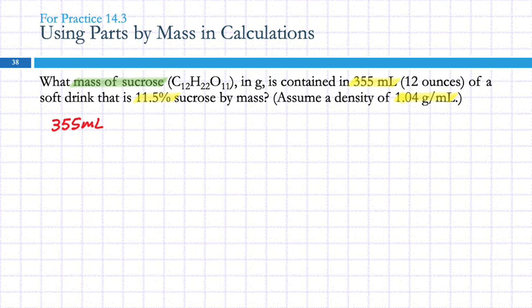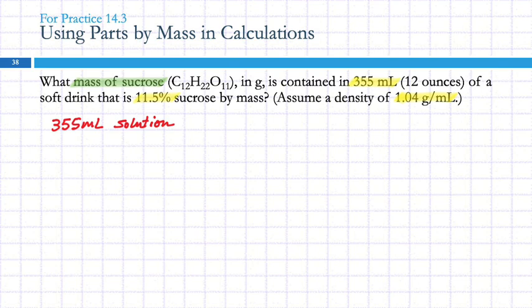But solutions have two parts, right? There's the solute and the solvent, and then we can also look at the whole thing together, the solution. And so this volume, is this the volume of the solute, the solvent, or the solution? It's 355 milliliters of a soft drink. It's the solution, right? So this is our solution. The solution is the water and the sugar.